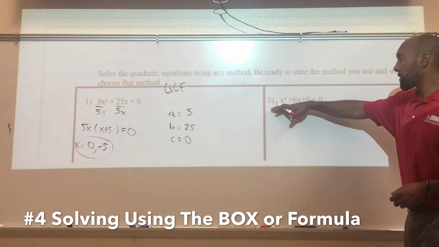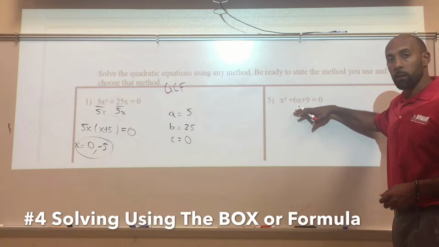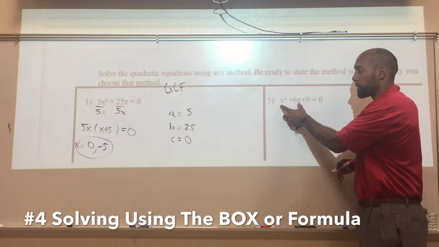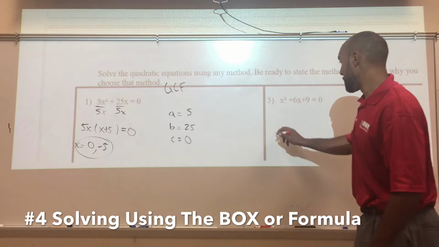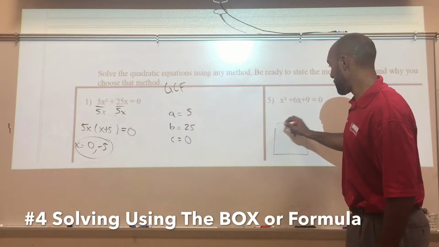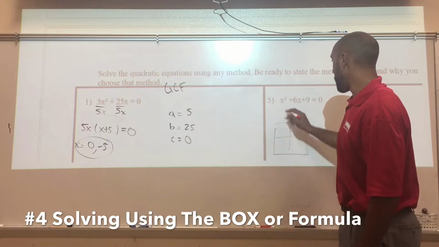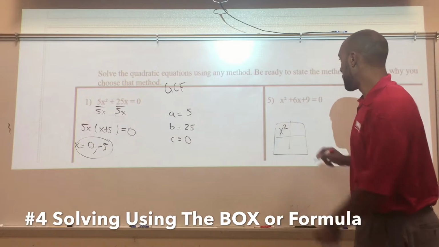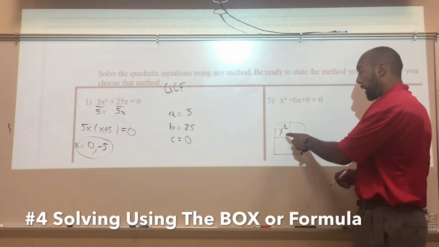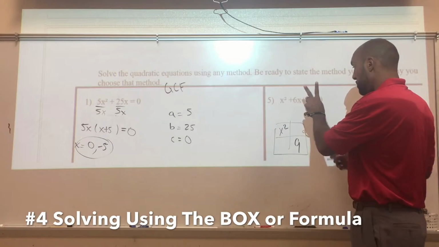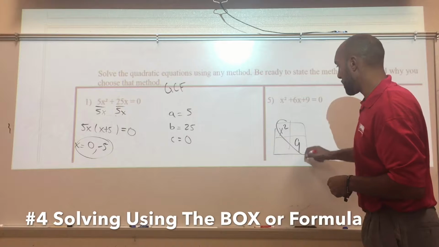So now, I've got 3 terms this time, but I still have 2 x's here. Right away, I'm thinking, oh, I could use the box. So I'm going to set up my box. First number goes in the first box. Last number goes in the last box. And I need 2 numbers again.